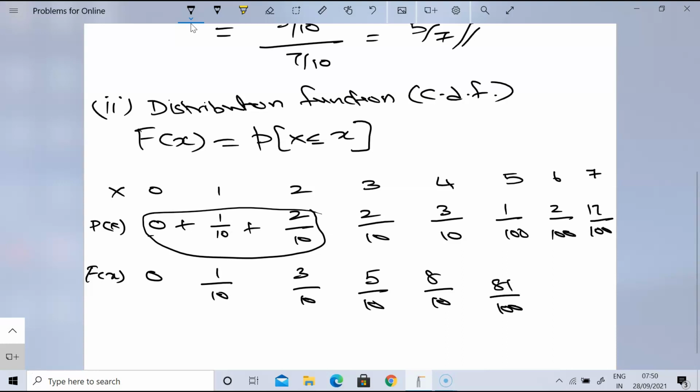Next is 83 by 100. The final value, if you add it, should be 1 because we get 100 by 100. So this is called the cumulative distribution function. Right, so let us proceed with this.